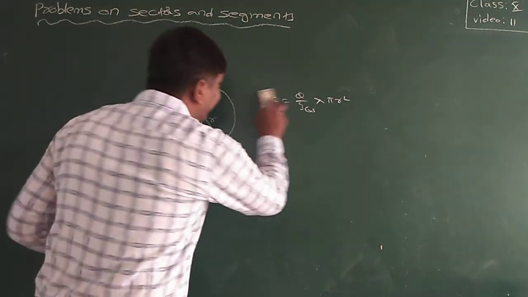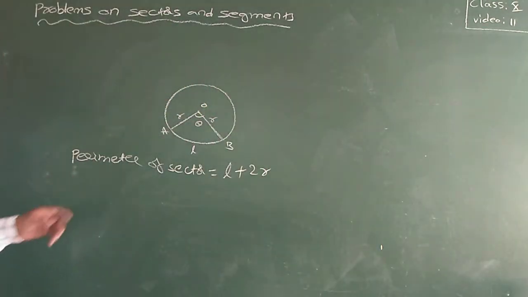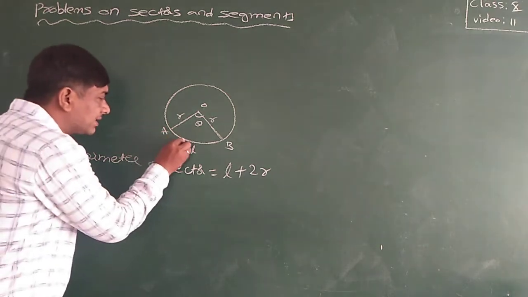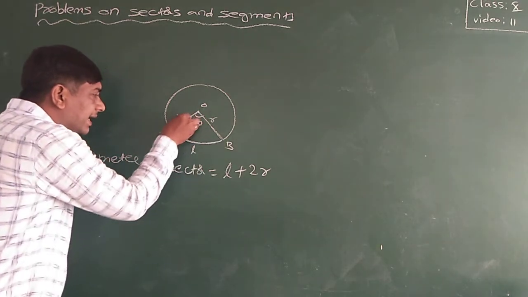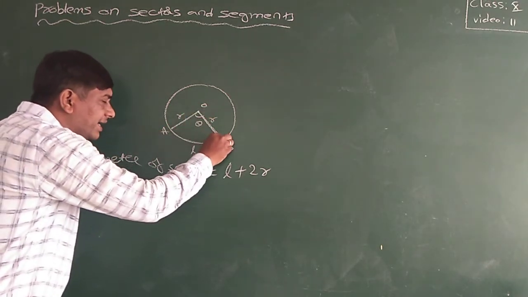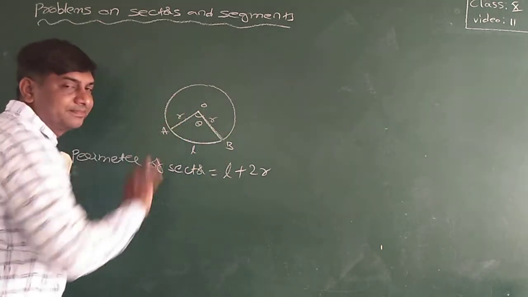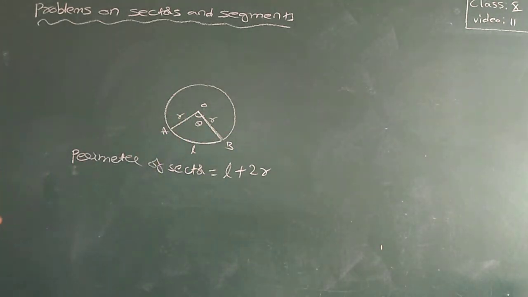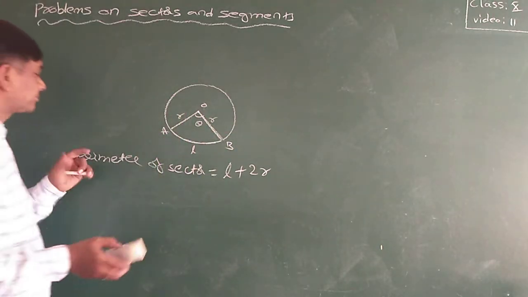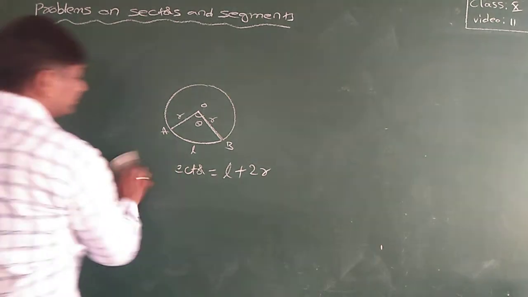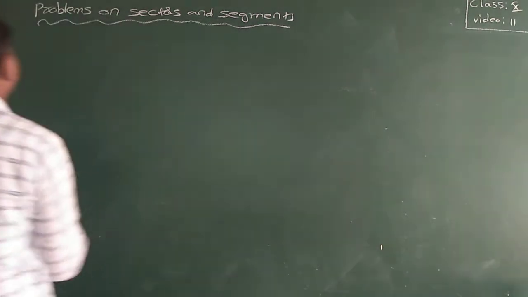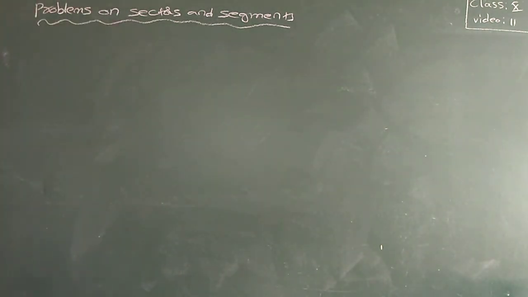If they ask to find the perimeter of the sector, it is the length of the arc plus 2r. Perimeter means boundary, that is L plus 2r. Okay. Now see here, problems on sectors and segments.